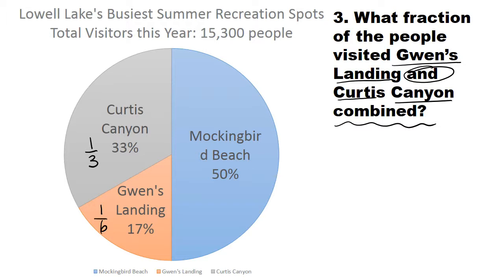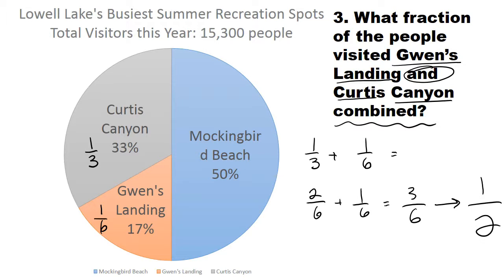And all we do is add these together. 1/3 plus 1/6 equals. First step, we find common denominators. So we have 2/6 plus 1/6 equals 3/6. And then we simplify. So our simplified fraction gives us 1/2.